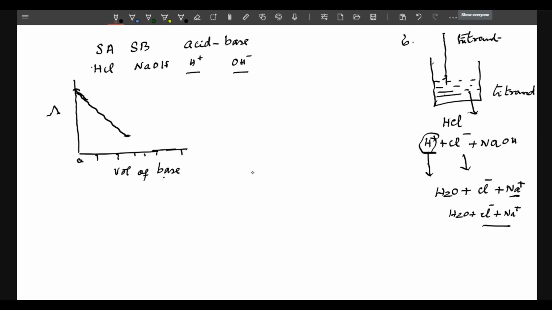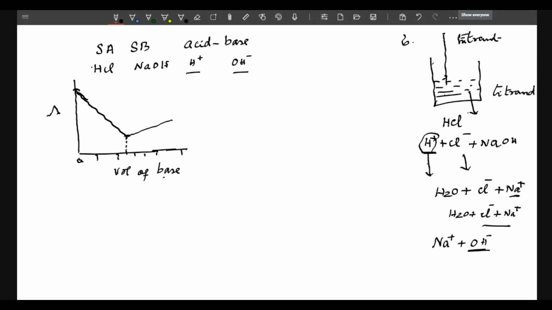After that, every addition of sodium hydroxide furnishes further sodium ion and further OH minus ion. You know, the conductivity of OH minus ion is high. Therefore, after the equivalence point, the conductivity goes on increasing. And the point of intersection we call the equivalence point, from which you get the volume of the base added.